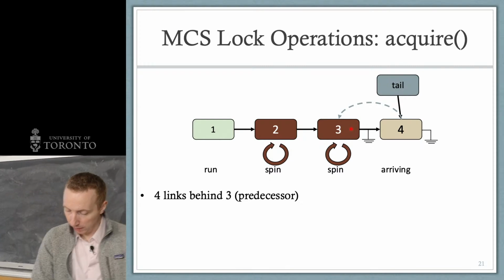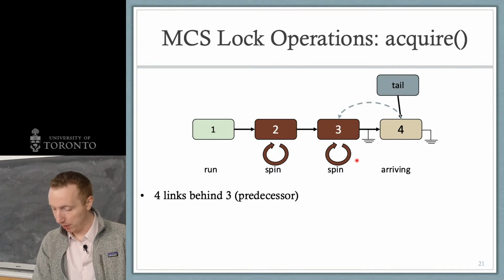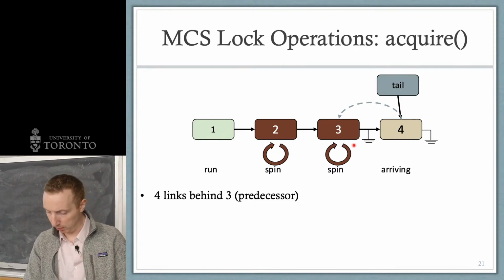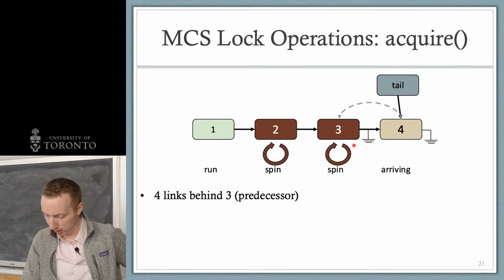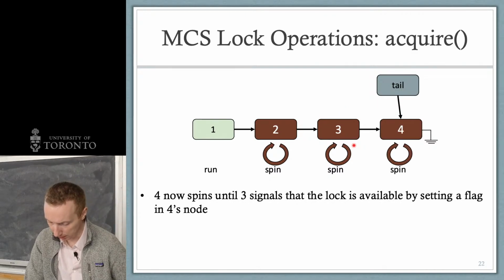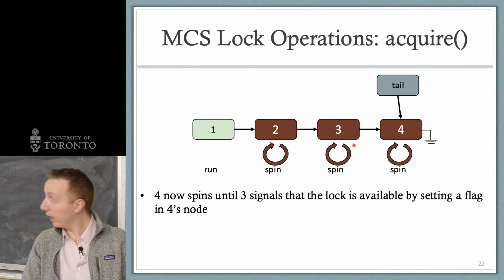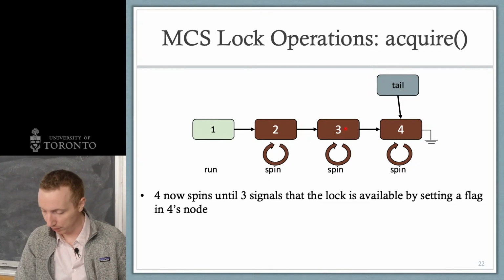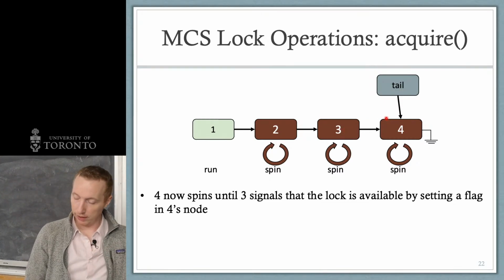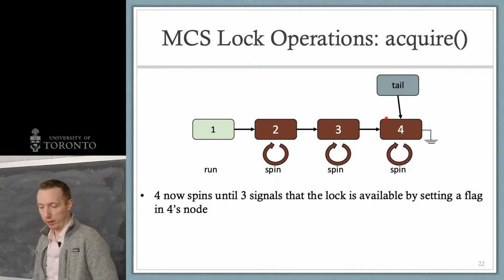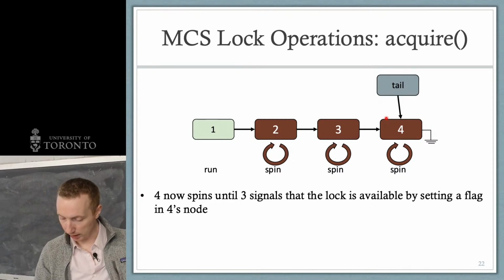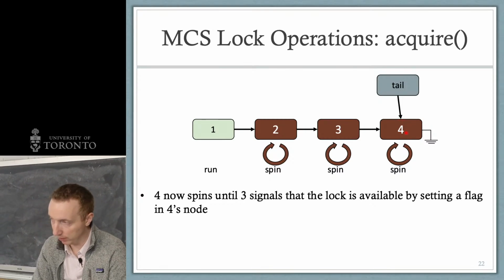So node 4 would have to link behind 3, and it would have to do that atomically, change that value, and we'll go over the implementation a little bit and what happens. So in that case, where node 4 has added itself to 3's next, it would have its own lock, and it would spin over and over again on the lock in its own node.